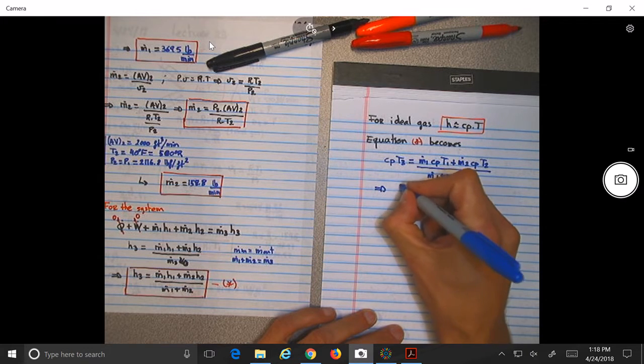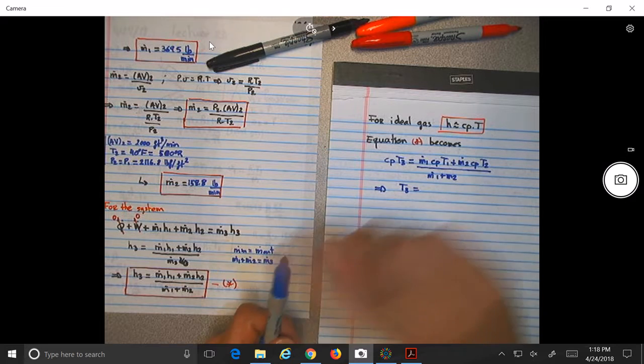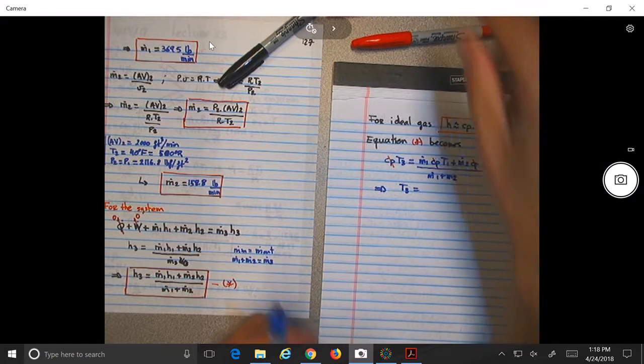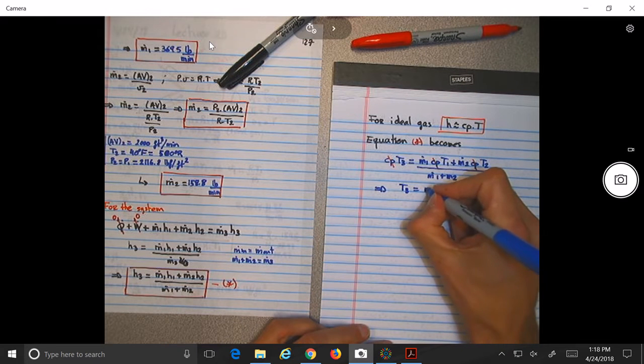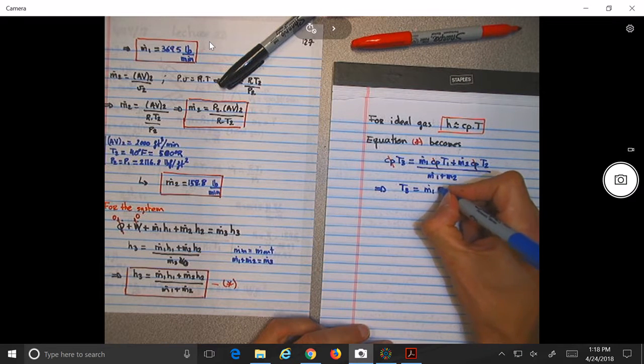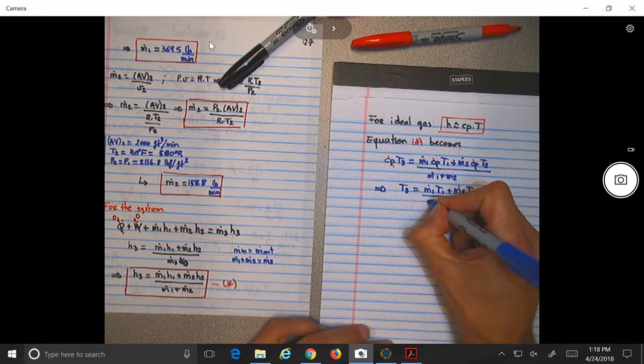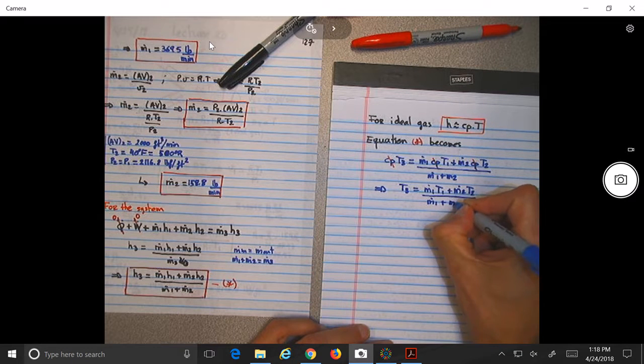So this will simplify to what? T3 equal to, because you can cancel those CPs on each side, M dot 1 T1 plus M dot 2 T2 divided by M1 plus M2.